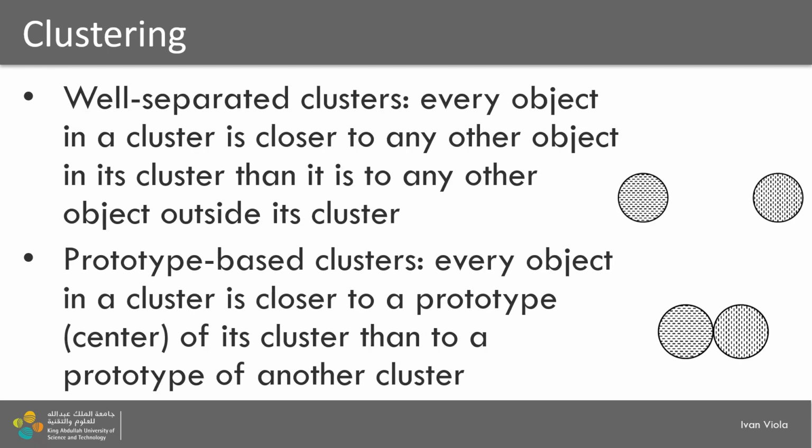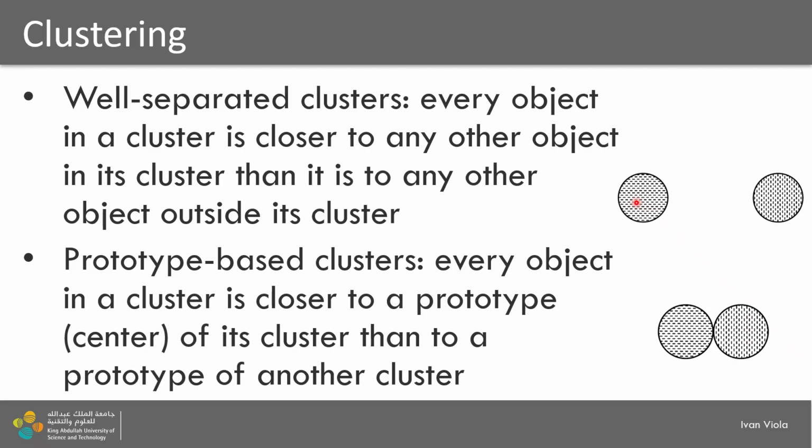Let's have a look at what types of clusters we are typically dealing with. One group of clusters are the so-called well-separated clusters, where every object in a cluster is closer to any other object in its cluster than it is to any other object outside its cluster.